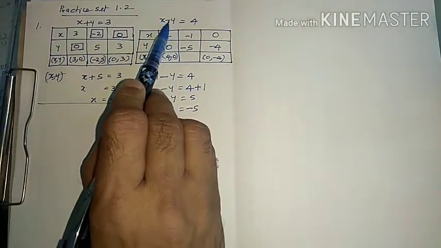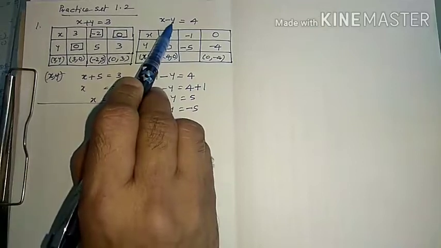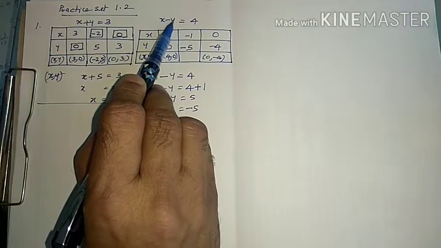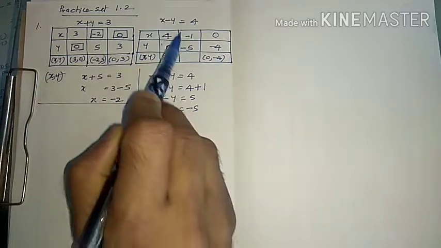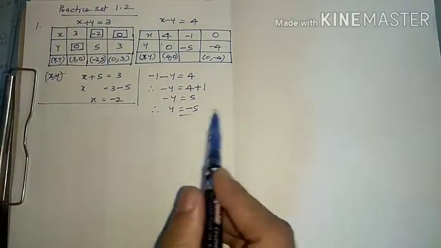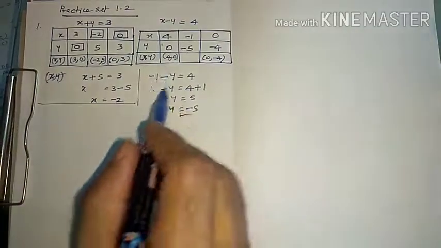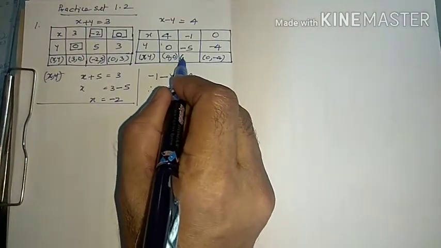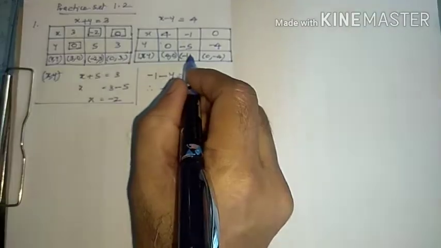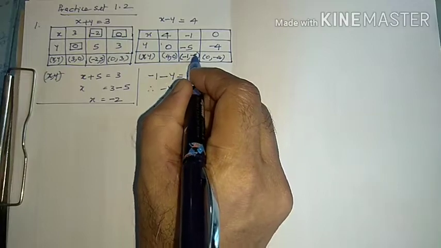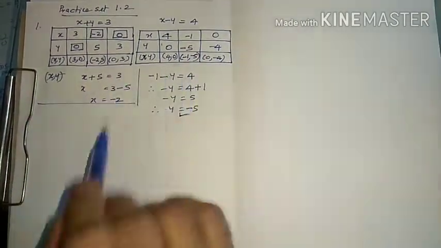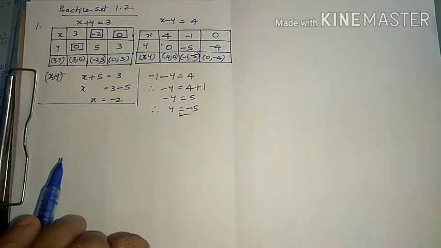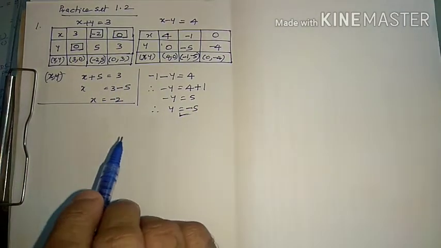Let's check here. Y is minus 5. Minus into minus is plus 5, minus 1, 5 minus 1 equal to 4. That is correct. So this value is correct. The coordinate here is x comma y. So these points also we can plot in a graph and we can make into straight line graphs.